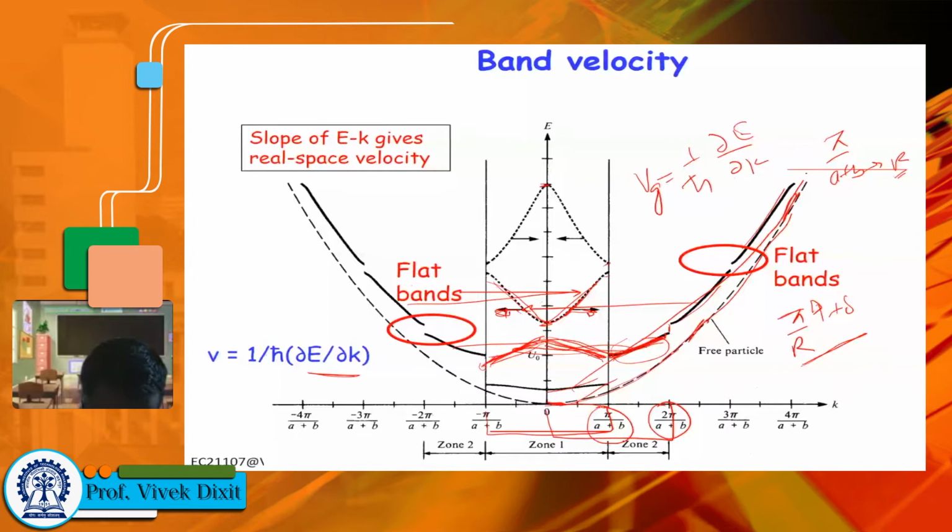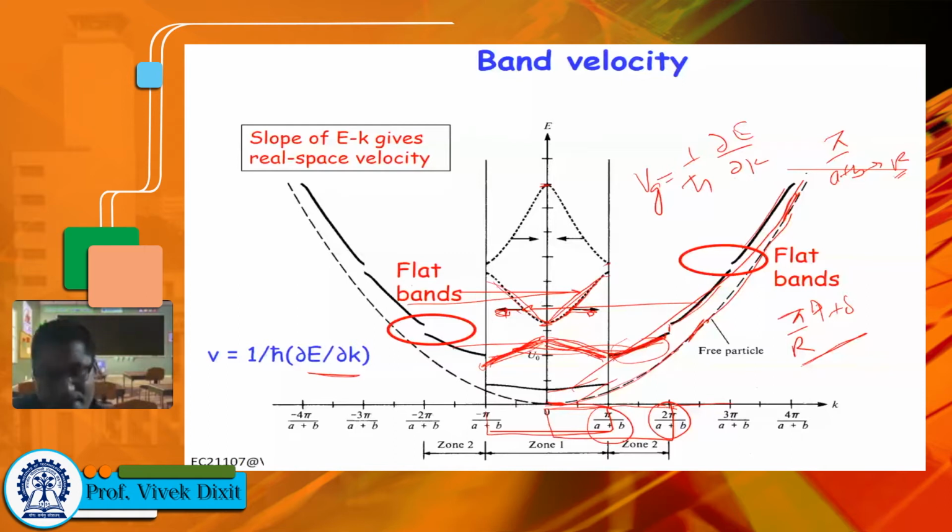Then 2π/r to 3π/r, it is increasing, and this is increasing here also. So 0 to π/r is increasing, π/r to 2π/r decreasing, then 2π/r to 3π/r again increasing. So it's basically a periodic cycle taking place.